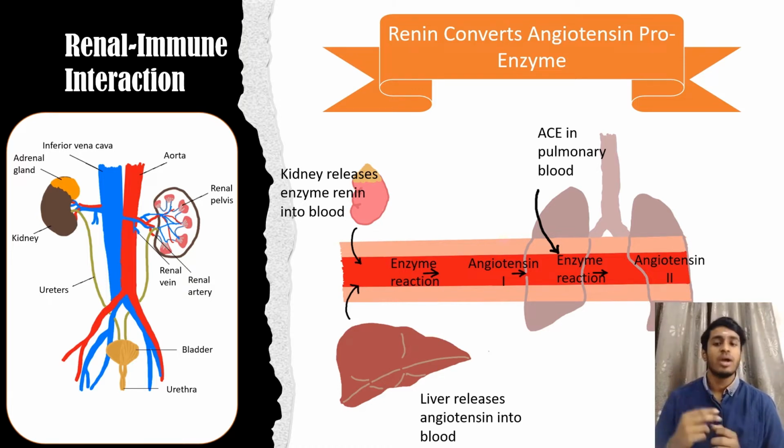Angiotensin 2 also causes the adrenal cortex to generate the steroid hormone aldosterone, which causes renal sodium reabsorption and osmotic water recovery.